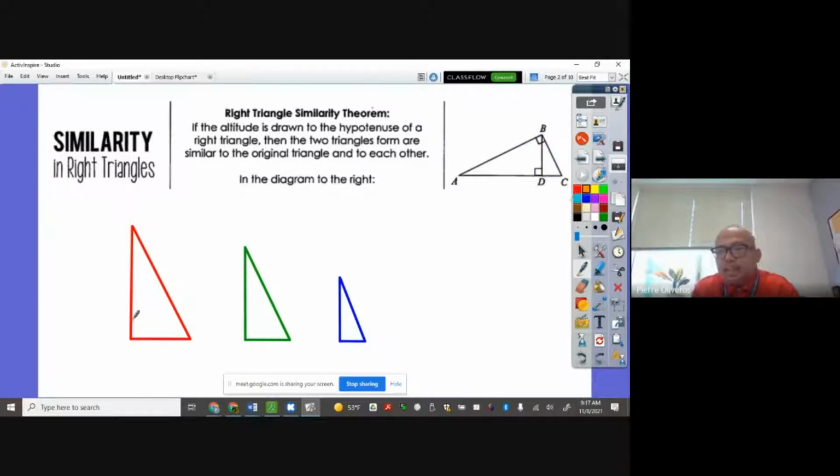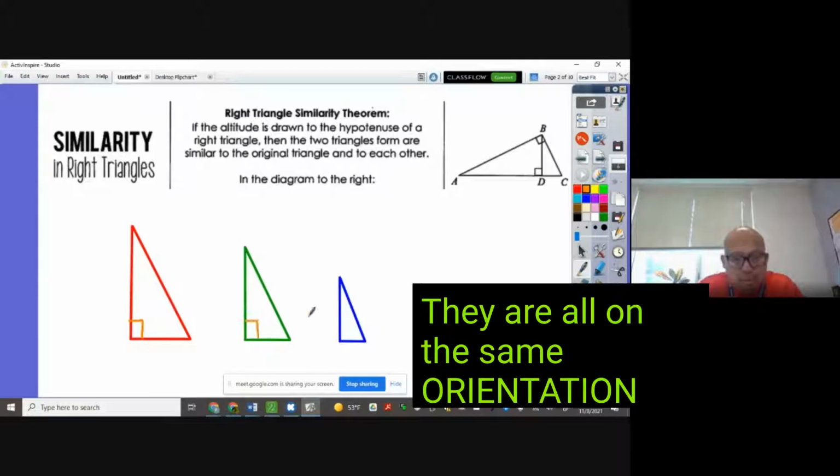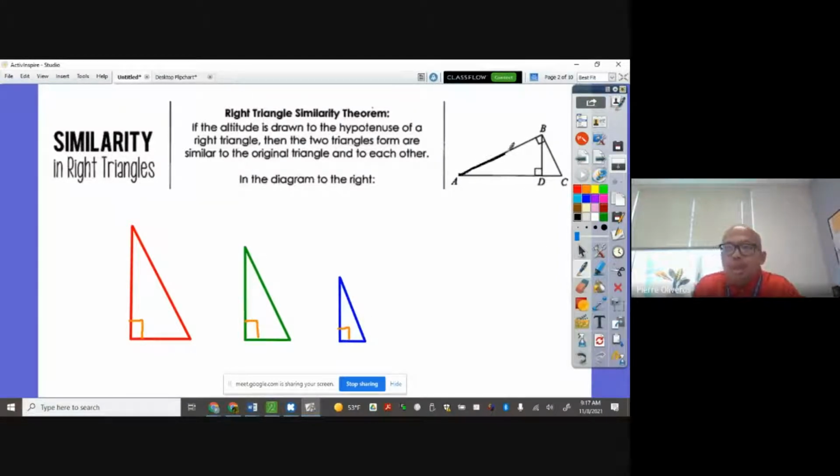So these are all 90s. That's 90 there. That's 90 there, right? We know the big one is the red one here. The red one is right here. This is the 90, so it's in the B. So this is the angle B. The hypotenuse there is AC. So this is A and that's C, right?